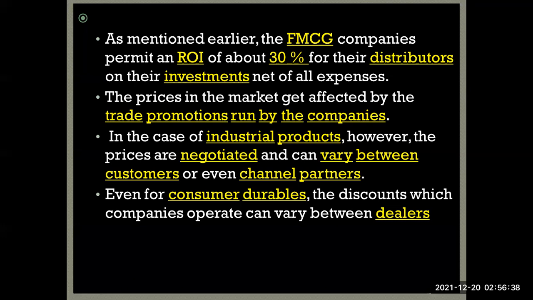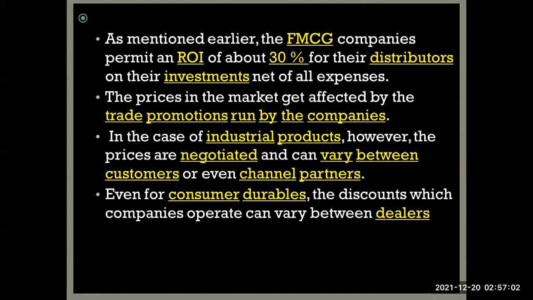The prices in the market get affected by the trade promotion run by the company. Sometimes trade promotion activities run by the companies are very effective, then prices may go up, or there will be a lot of demand for that particular product. In the case of industrial products, however, the prices are negotiated and can vary between customers or even between channel members.